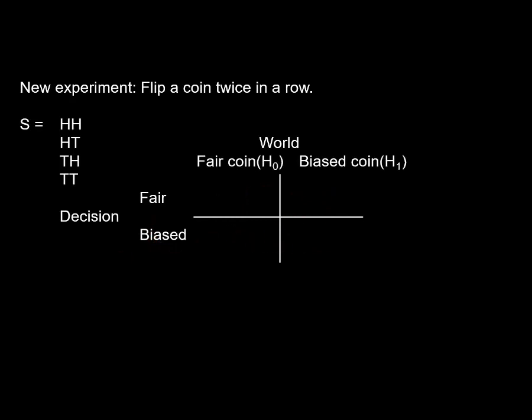All right. So we'll call the fair coin state of the world the null hypothesis, symbolized with H naught. And my claim that the coin is biased we'll call the experimental hypothesis, or H sub 1. So if the coin is fair, and we decide it's fair, then what we have done is we have failed to reject the null hypothesis.